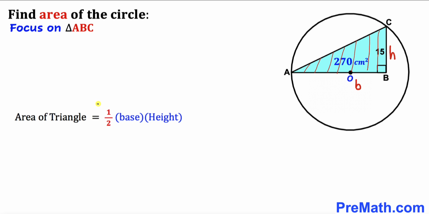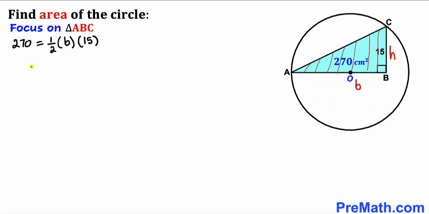So let's fill in the blanks in this formula. 270 equals a half times our base B times our height 15. So we can write this as 270 equals 15 divided by 2 times B. Now let's multiply by the reciprocal of 15 divided by 2, which is 2 divided by 15, on both sides.